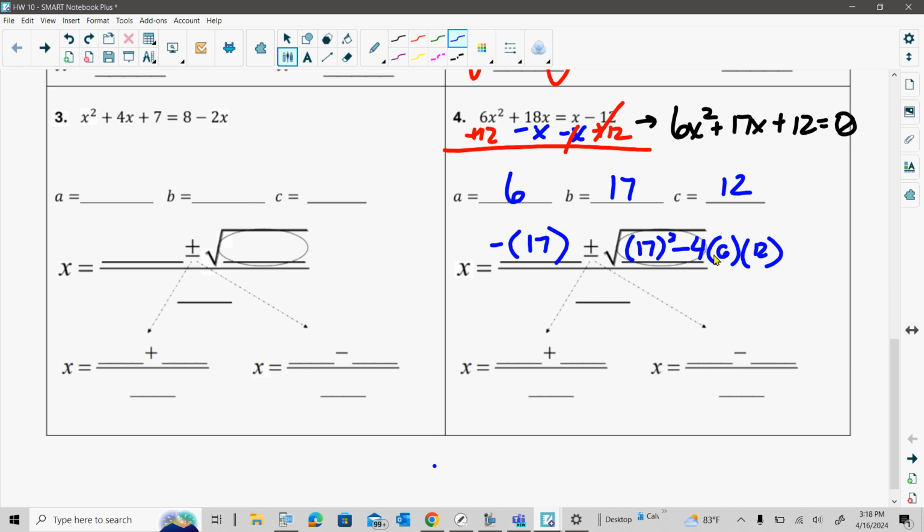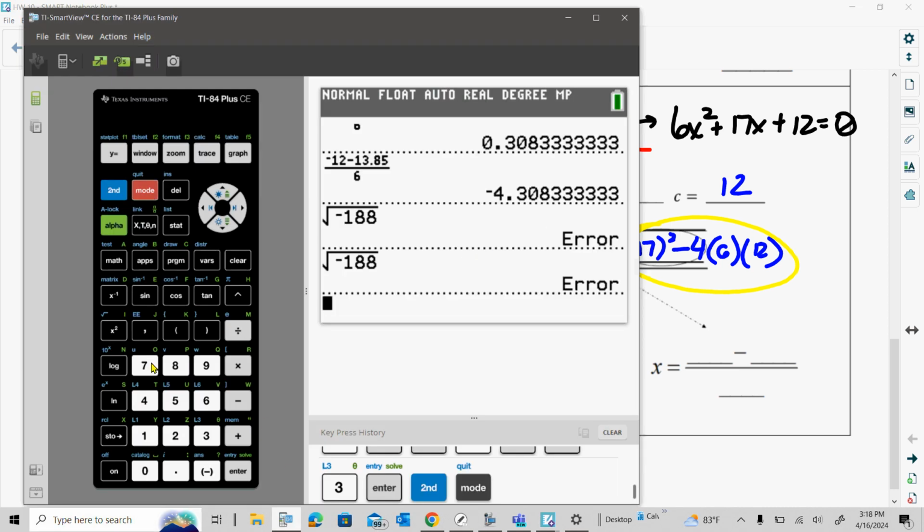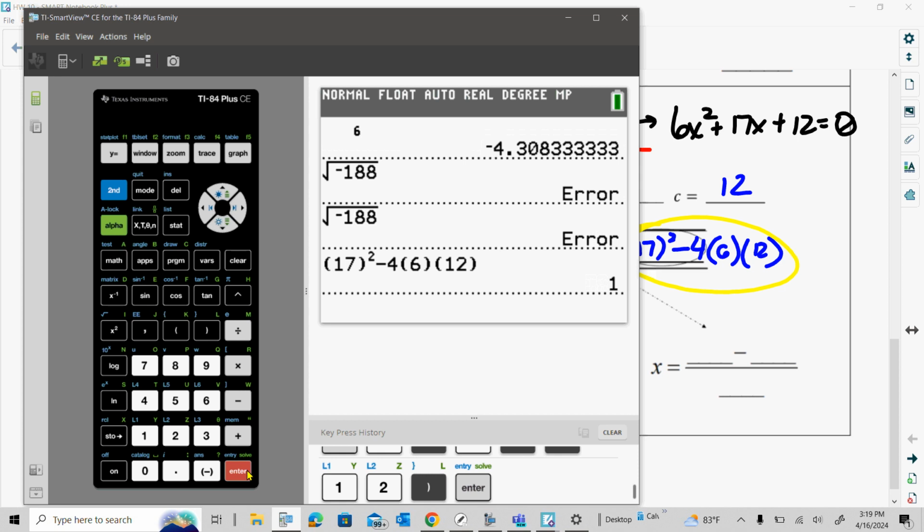Now, if you wanted to do this part first and then just simplify, so do it in the calculator, which would be our parentheses 17 squared minus 4 parentheses 6 parentheses 12, enter, we get 1 here.